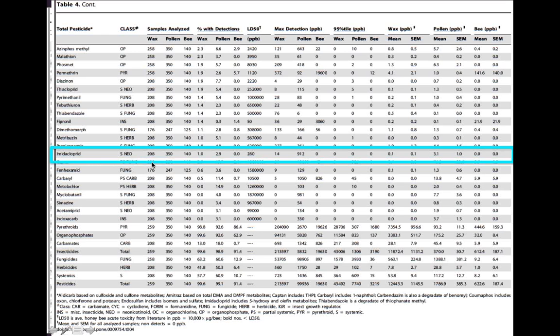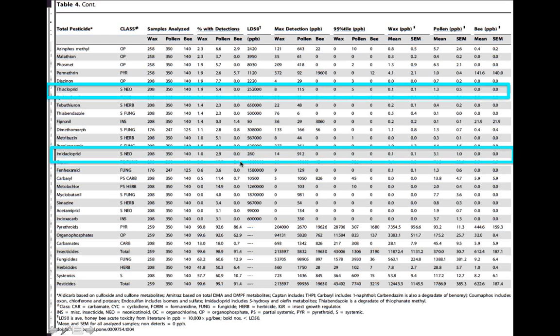It's not up there. It's kind of toward the end, and it was only found in 1% of wax samples and 3% of pollen samples, and in no bee samples on the bees.